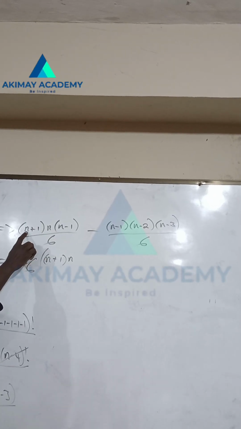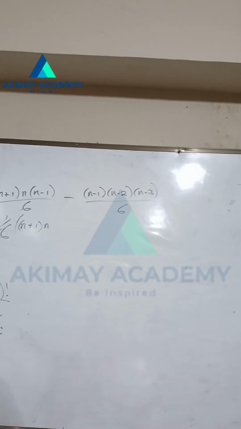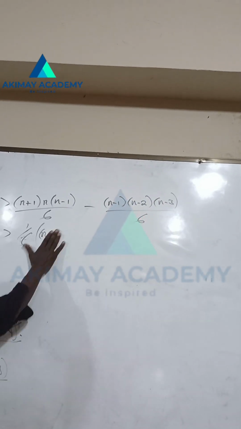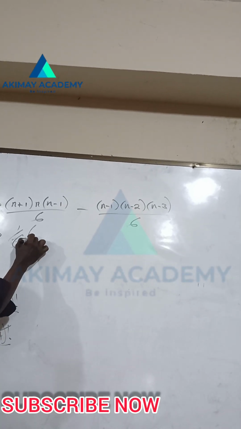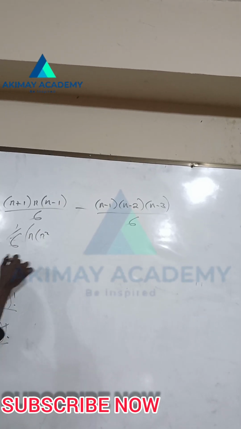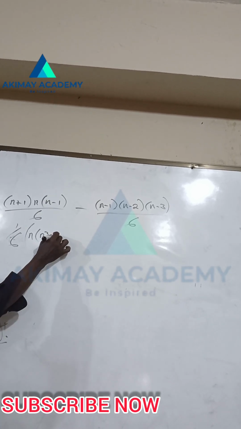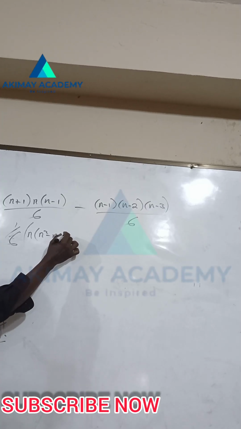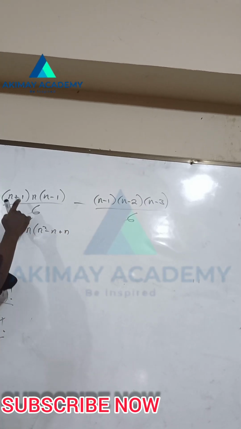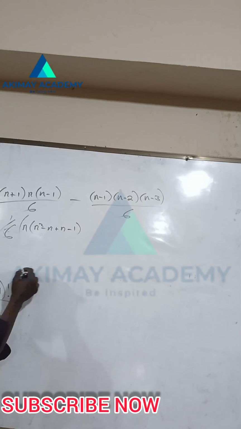What do we have here? n times n will give us what? n squared. So we have n squared, then n times minus 1 is minus n, then 1 times n, plus n, minus 1, right? Okay.